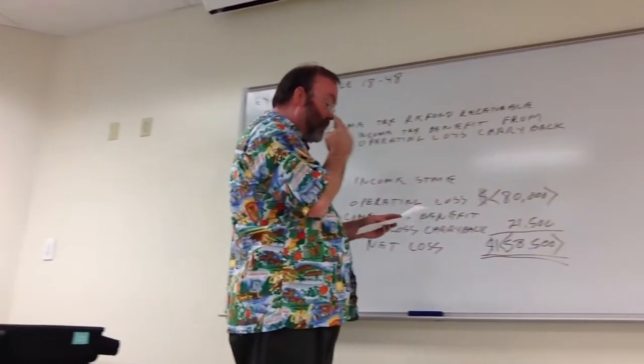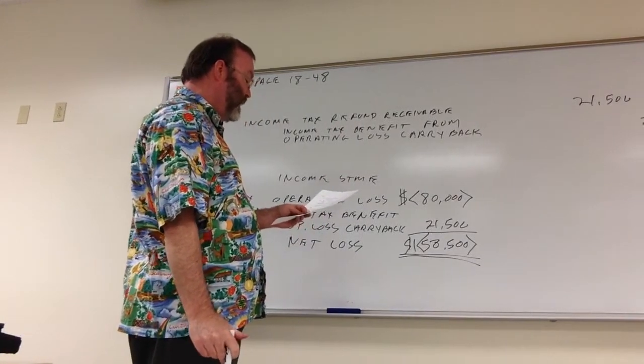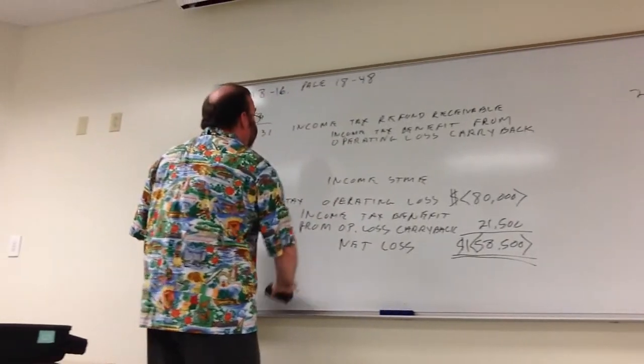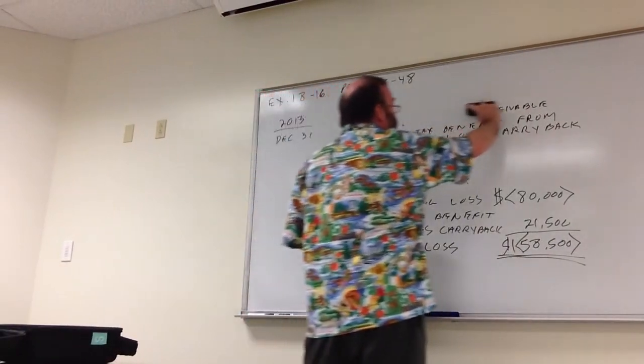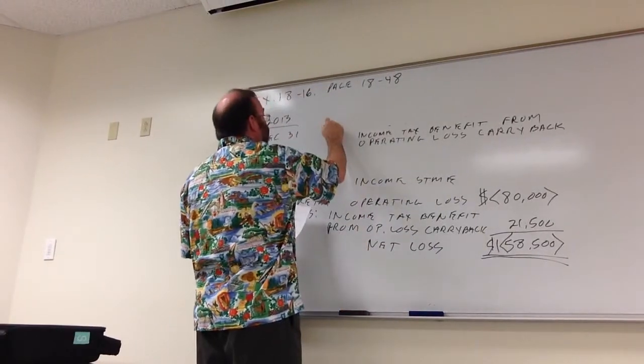So let's do the 2013 entry and the 2014 entry. Rather than creating a receivable, we're now going to have a deferred tax asset.